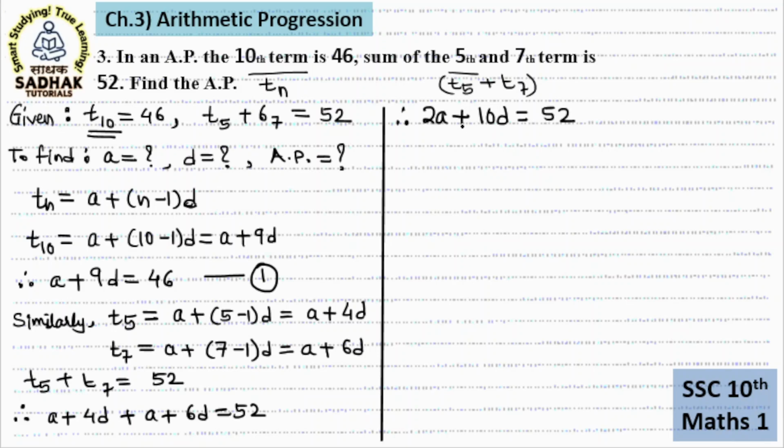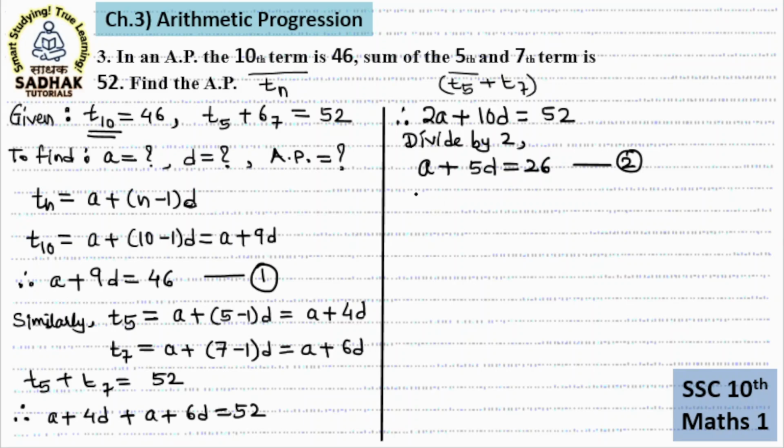Now if we divide this entire thing by 2, what will we get? We will get 2a divided by 2 is a, plus 10d divided by 2 is 5d, and 52 divided by 2 is 26. So let us say this is equation 2.